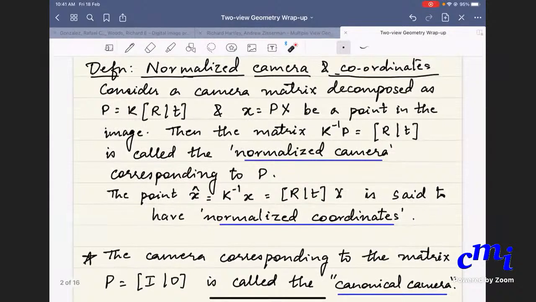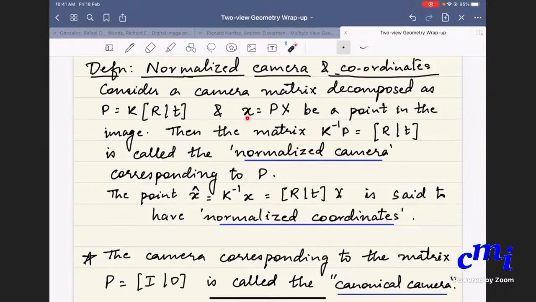So the definition goes this way: you consider a camera matrix decomposed in this way, and suppose X is a point in the image projection under P. Then the matrix K inverse P, which simply means this RT, is called the normalized camera corresponding to P. We are looking at the point X equals PX.